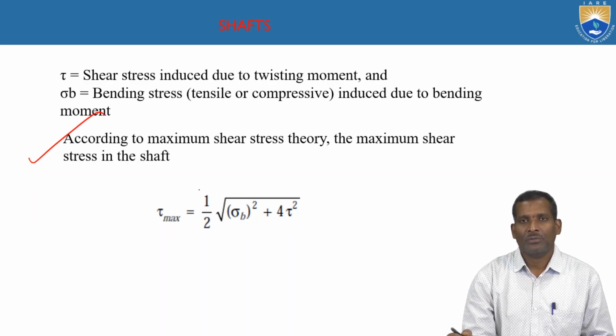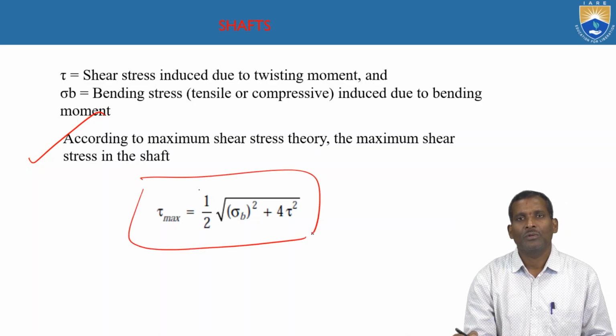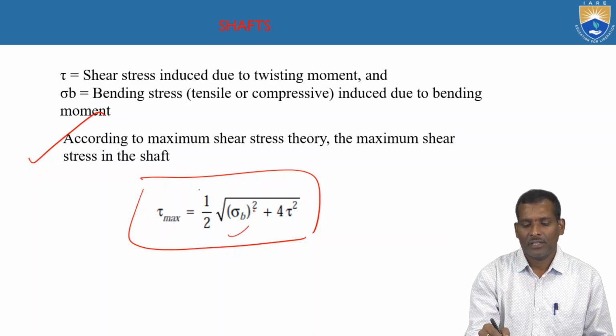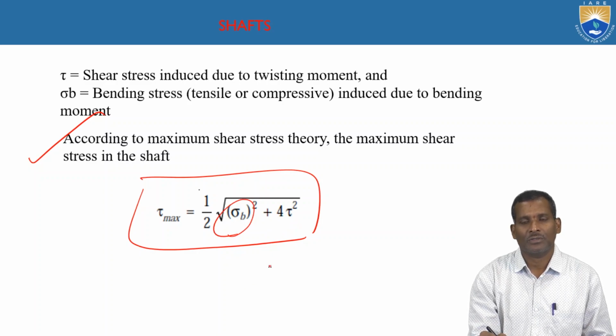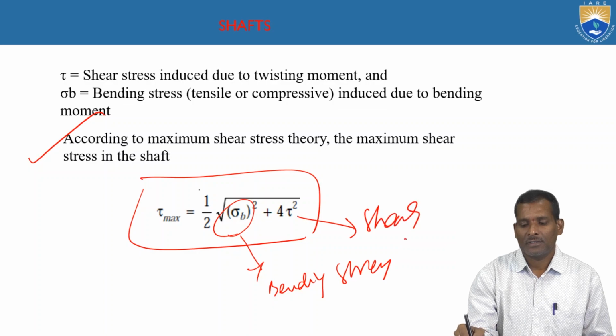According to the maximum shear stress theory, the maximum shear stress is equal to half into square root of sigma b square plus 4 tau square. Here sigma b is the bending stress and tau is the shear stress.